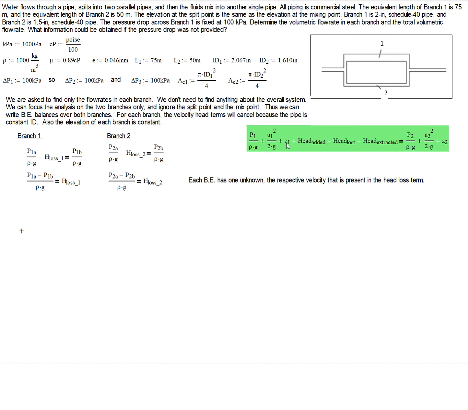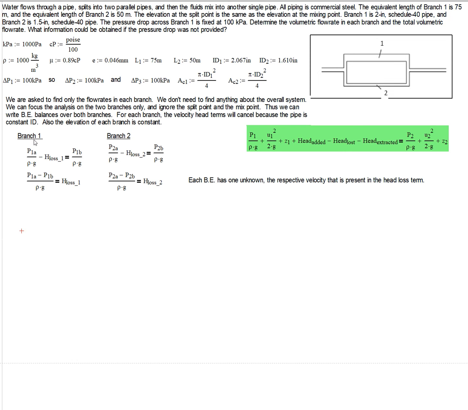The elevations are going to cancel from the inlet to the outlet of each branch. We don't have any head added, and we don't have any head extracted, but we do have head loss. And the head loss is included in this equivalent length. And then, of course, we know the pressure at the outlet of the branch.